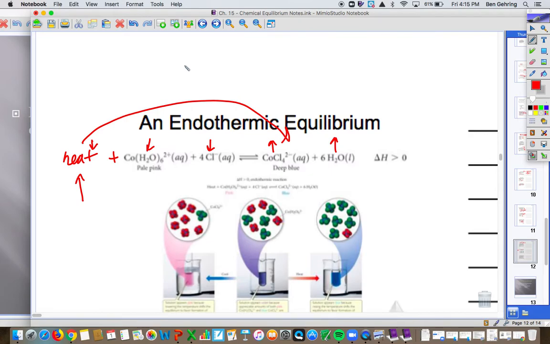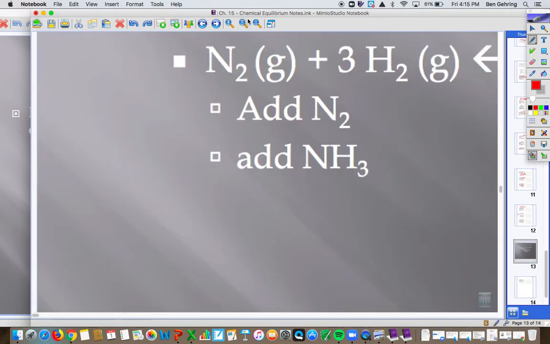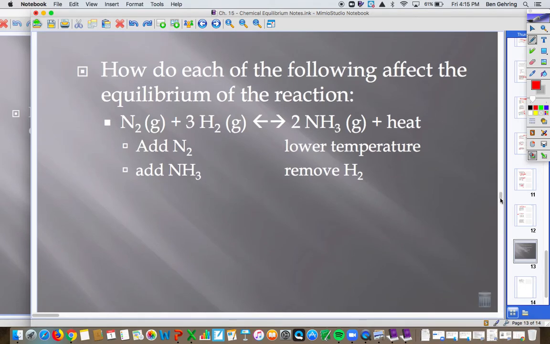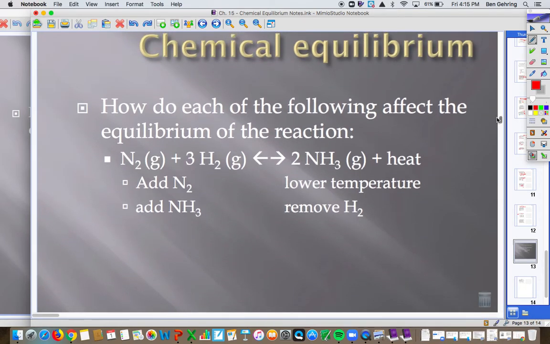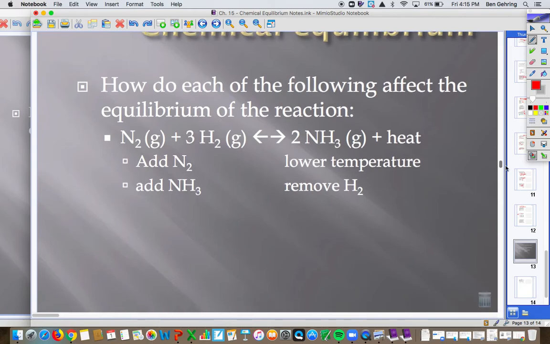All right, let's look at this reaction now. Okay, so we have our ammonia here. If I add nitrogen to this reaction, I want to know what's going to happen to the equilibrium.